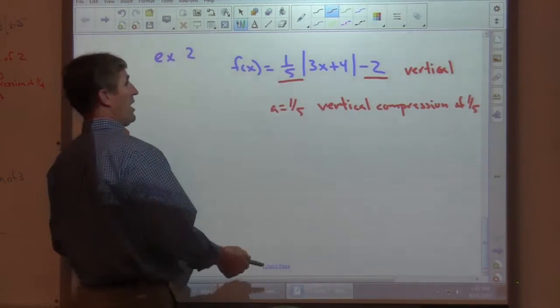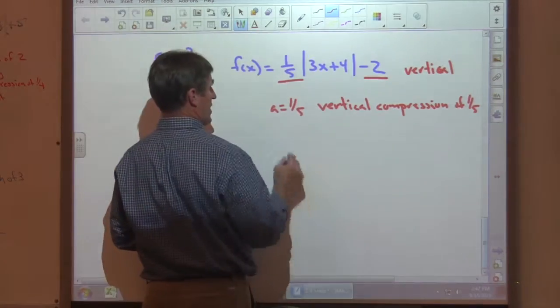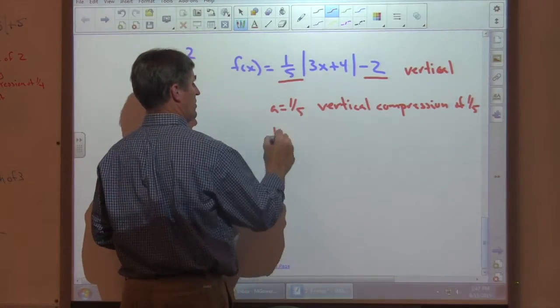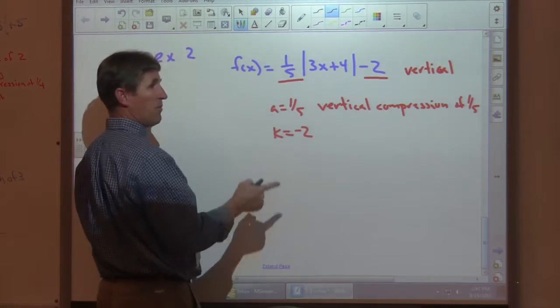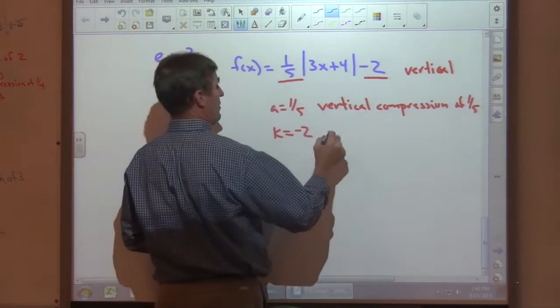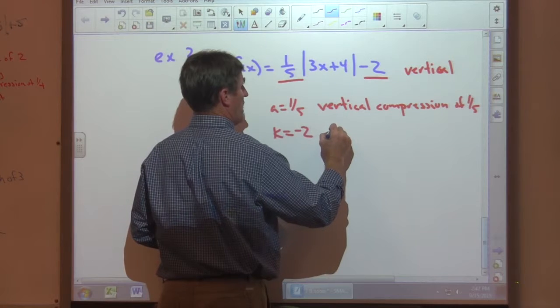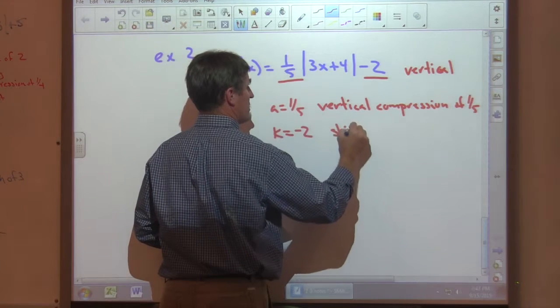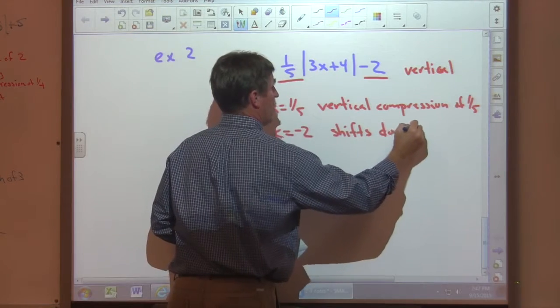Then it doesn't make any difference what order you do these in, so let's take care of all the vertical stuff. So that's our K value. K is negative 2. Remember, if it's outside, it's what it says it is. And so that would be, again, it's vertical, so up and down. So shifts down 2.